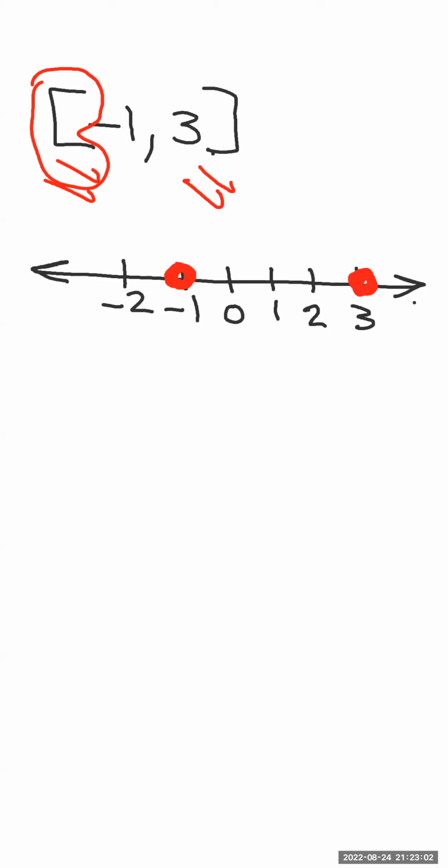We said -1 and 3 and the elements in between, so shade the whole distance between -1 and 3. So to represent the closed interval, just shade the start point, the end point, and the whole distance between the two elements. That was how to represent the closed interval.